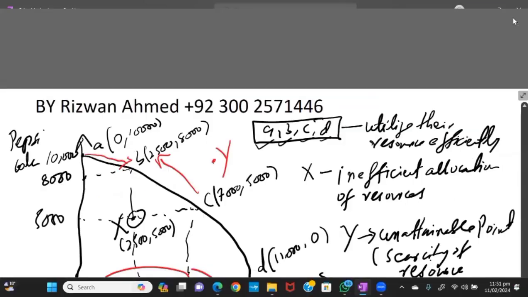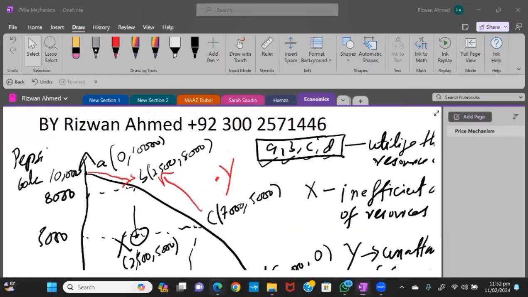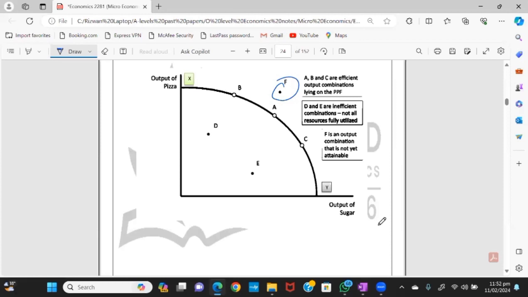So now move on to the definitions and the other things. Look at this. This shows that D and E are inefficient combinations, where not all resources are fully utilized. F is an output combination that is not yet attainable.